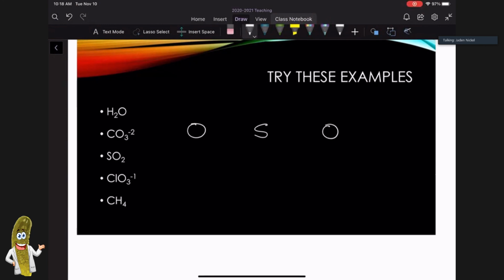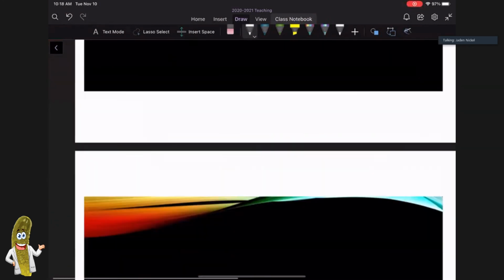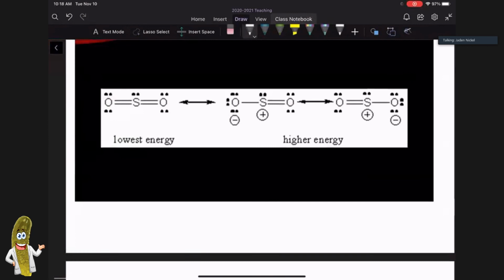So I know that sulfur is going to have 1, 2, 3, 4, 5, 6 different valence electrons, and I know that oxygen will also have 6 valence electrons. Now I'm going to show this one to you early, just so you can see what we're looking for.